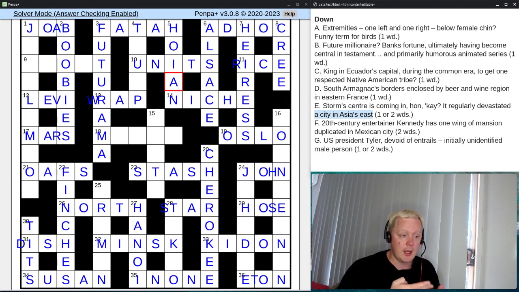Now for the 2 remaining ones, we're going to look at the even numbered letters. So we're going to get O, K, Y, and T. Take O, K, Y, and T, put an O inside it. After anagramming, you get something that fits here. It's going to be Tokyo, which is a city in Asia's east.